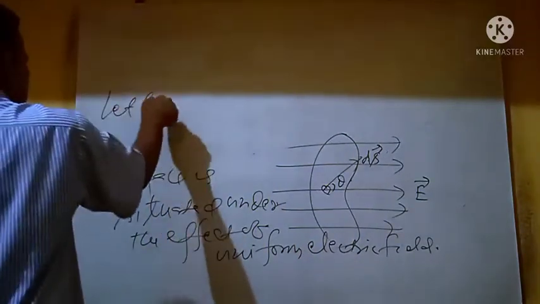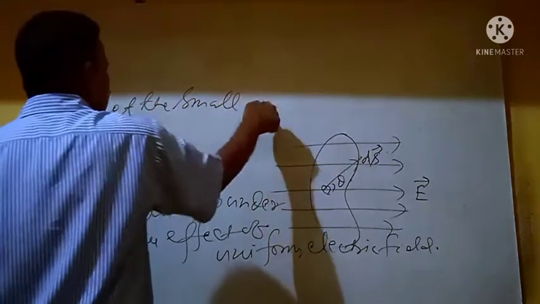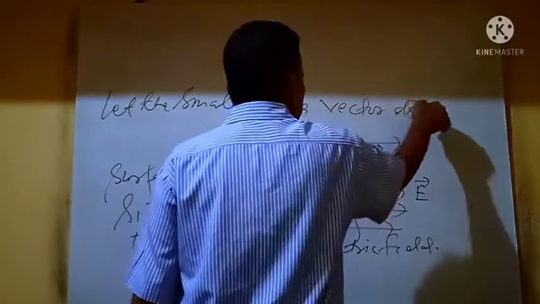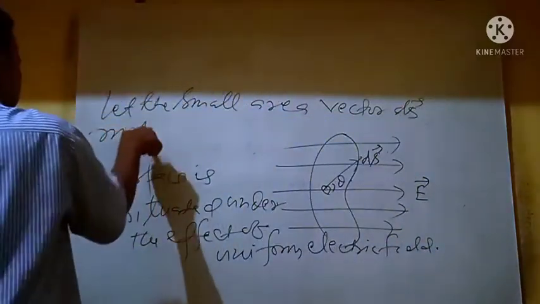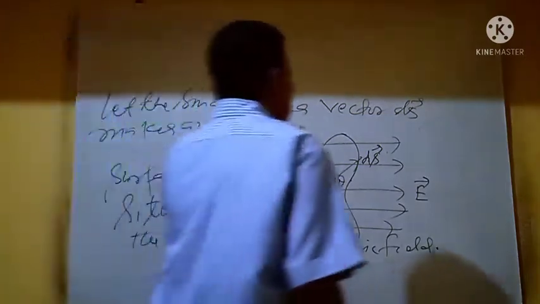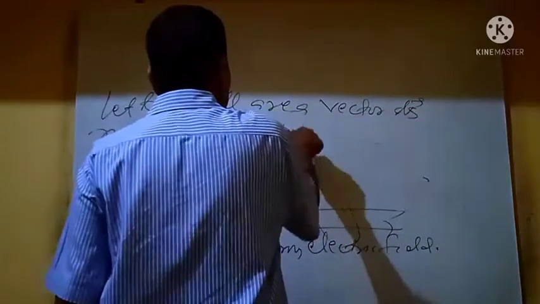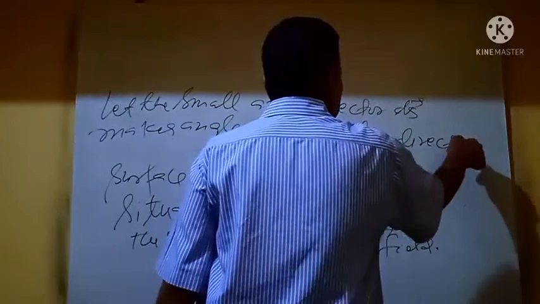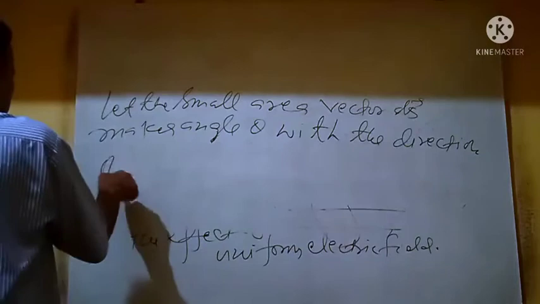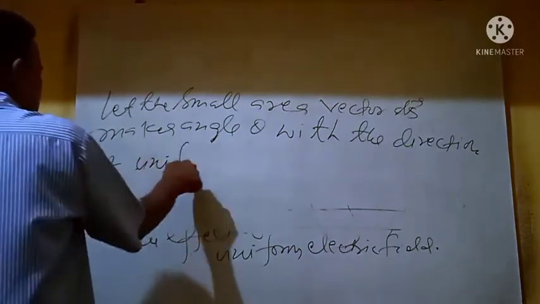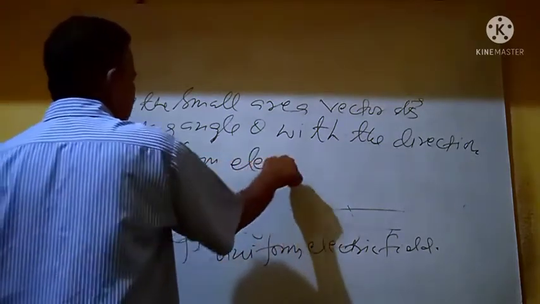Let the small area vector ds make angle theta with the direction of the uniform electric field.